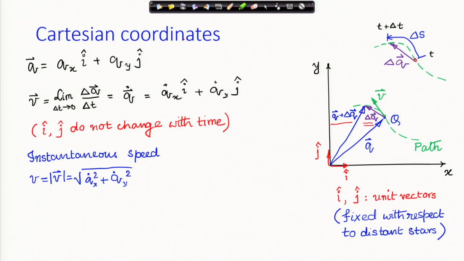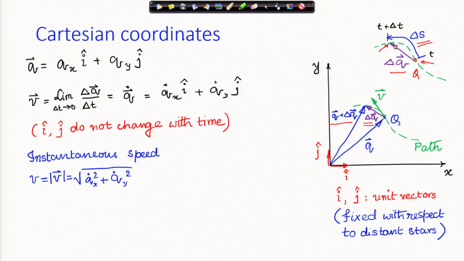Next, I consider that this point is moving on this green path. You see this point, that capital Q, is moving on this green path. Now, delta small q is the displacement, whereas this delta s is the distance covered as the particle moves from this location at time t to this location at time t plus delta t.